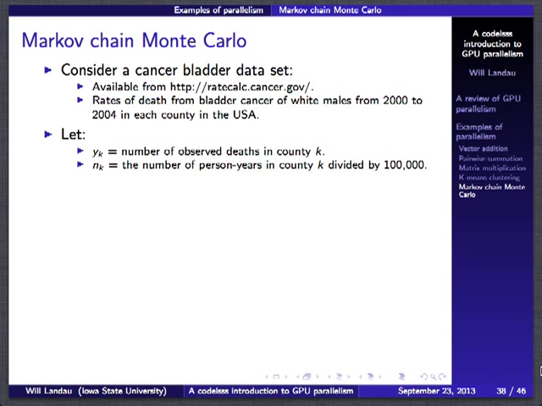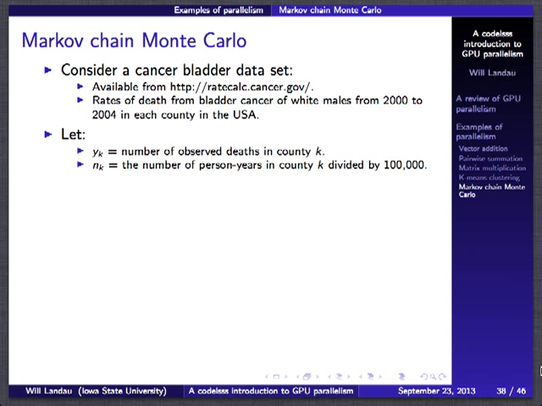And n sub k is the number of person years in county k divided by 100,000. Person years is kind of a unit of time. It measures the amount of time that these deaths were observed and the number of people we observed.